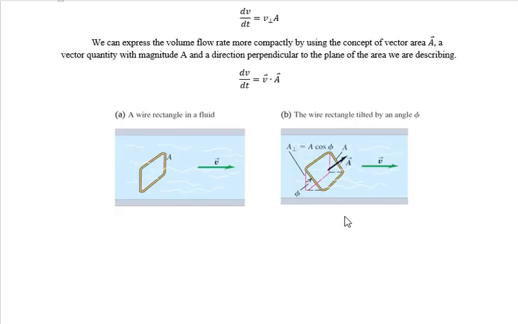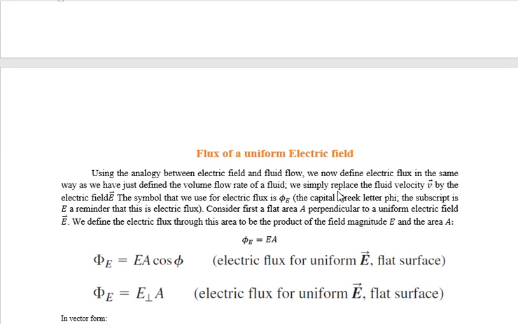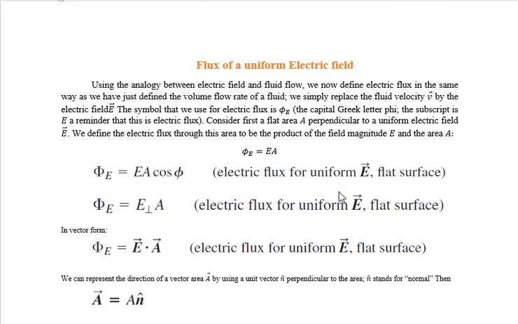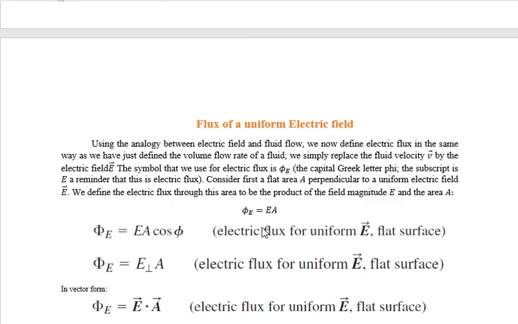Okay, so yun. So ilalapat natin yun sa finding the electric flux of a certain charge. Okay, so ganun din, yung E natin is same as velocity. Okay, same as velocity, yung electric field intensity natin is same as velocity, and then yung area is same as the area here.